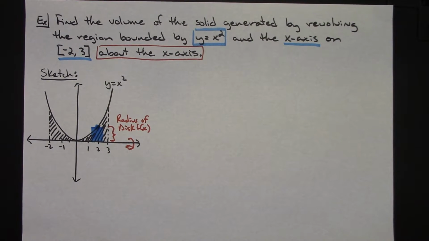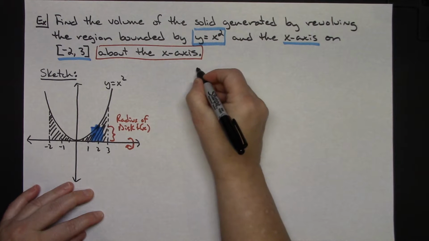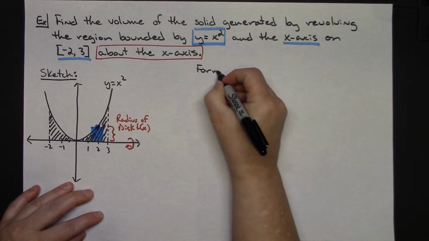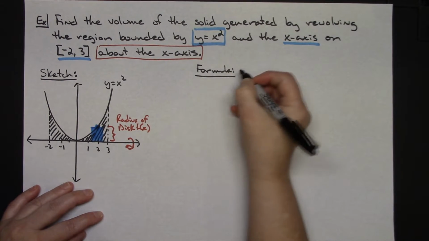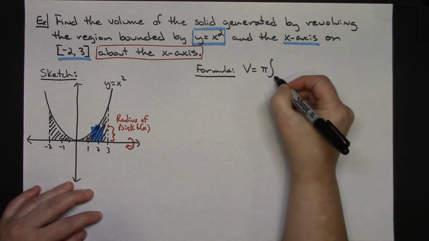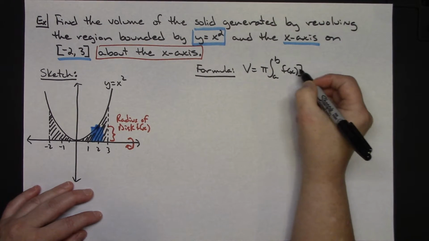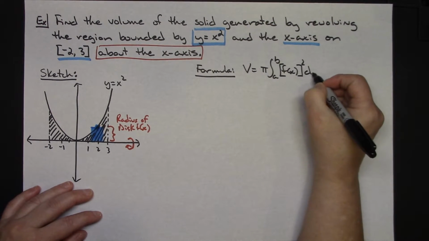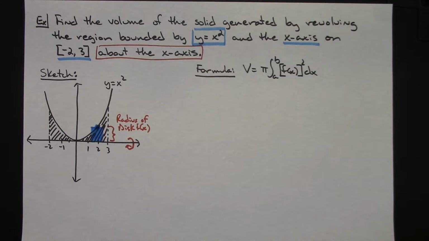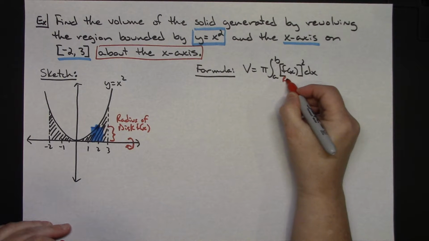Now let's set up our definite integral using our formula. The first thing I'm going to do is write down the formula from the other page: V equals pi times the integral from a to b of f of x squared dx. If you want to think of this f of x as the radius, you can.